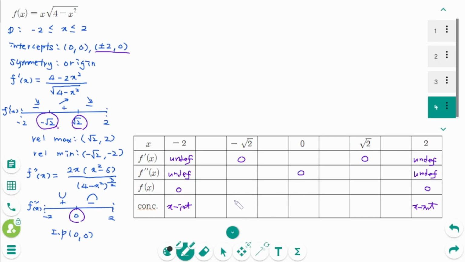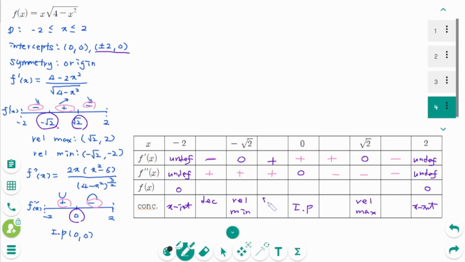This one is a relative minimum, relative maximum, inflection point. And this part is negative, positive, negative, and if f double prime of x is positive, then negative. f prime of x is negative, that means decreasing.